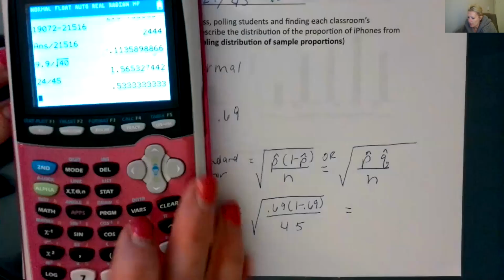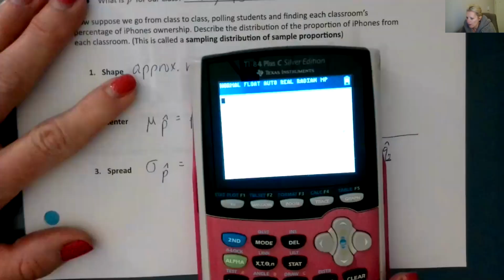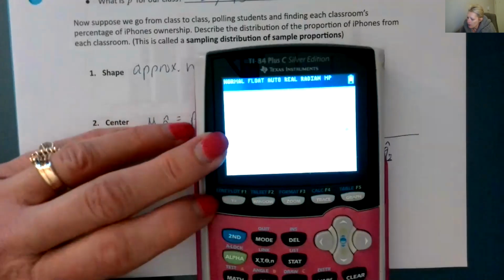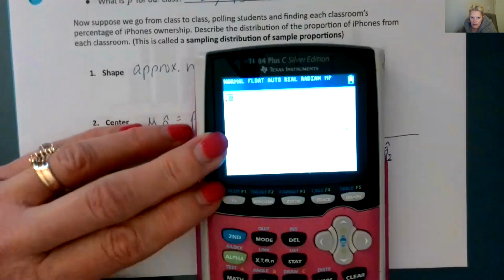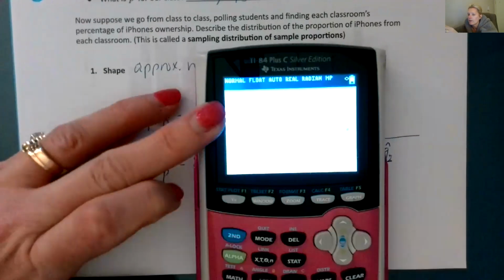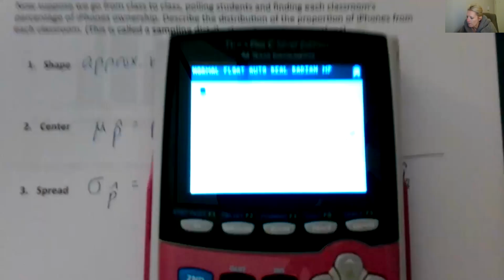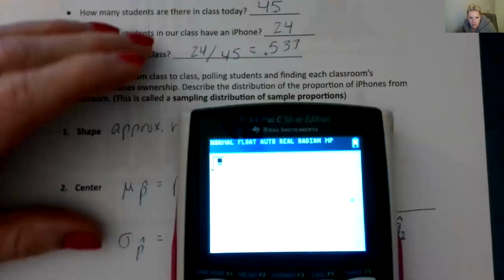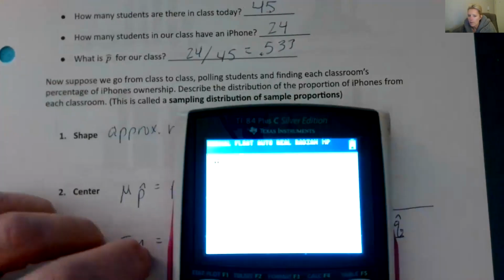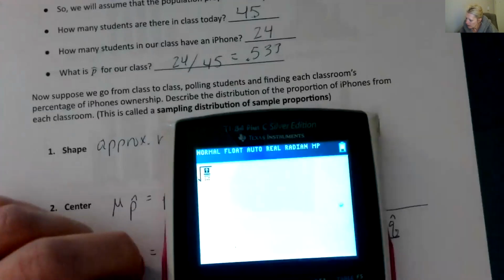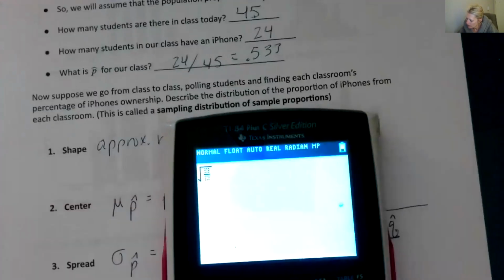So I'm just going to show you here. The square root of, and then I'm going to do alpha y equals for a fraction. I'm really going to zoom in so you can see this here. And this is going to be 0.69 times 1 minus 0.69, divided by the 45 in our class.